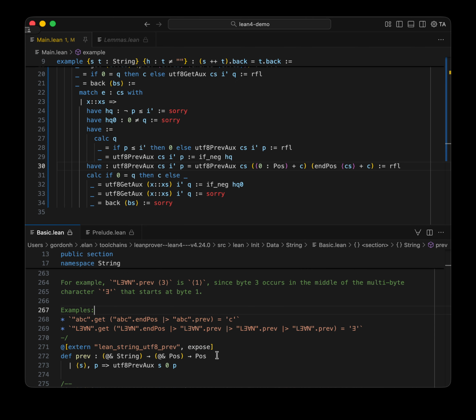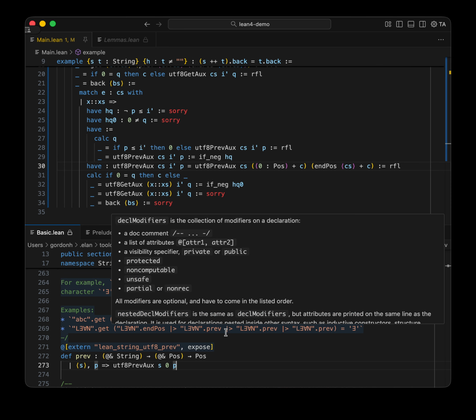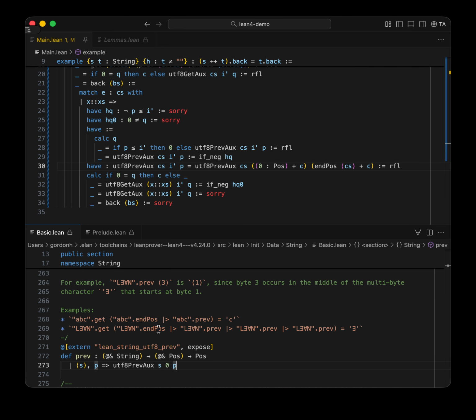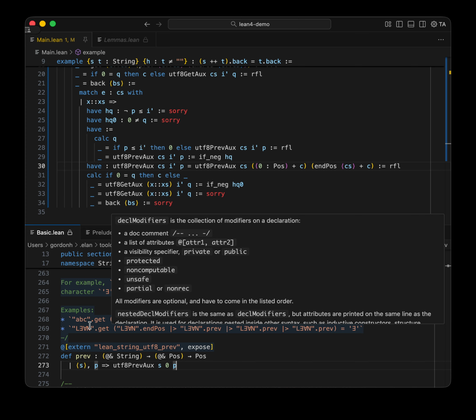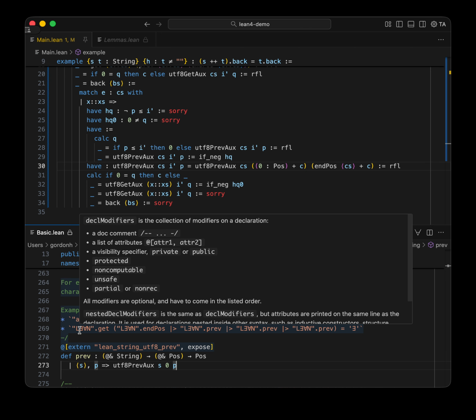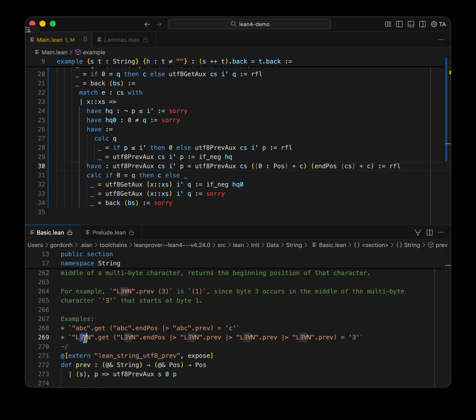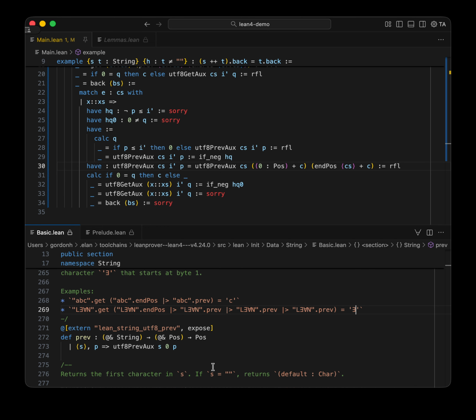So if you take the previous position 3 times from the ending position, it should give you the position for this character. Okay, it kind of makes sense. So how does this auxiliary definition achieve that?